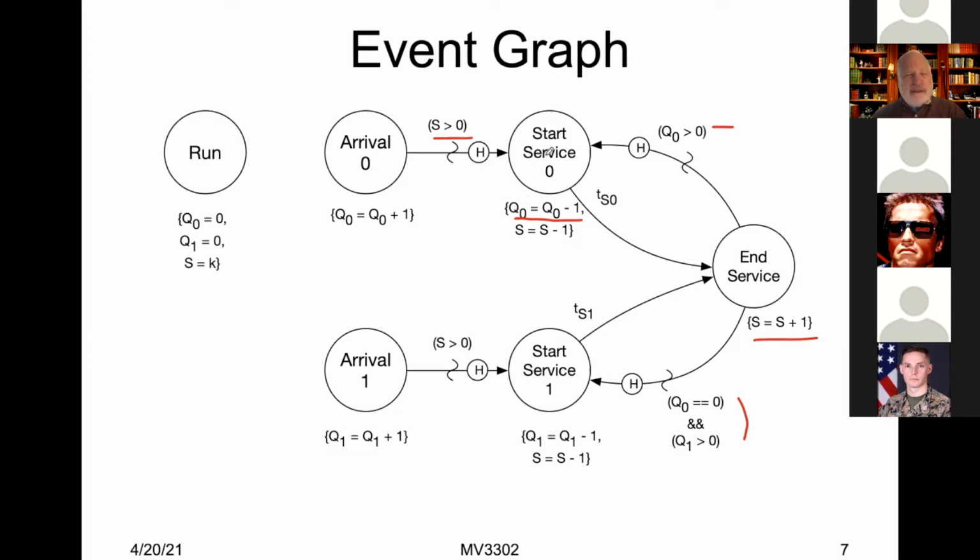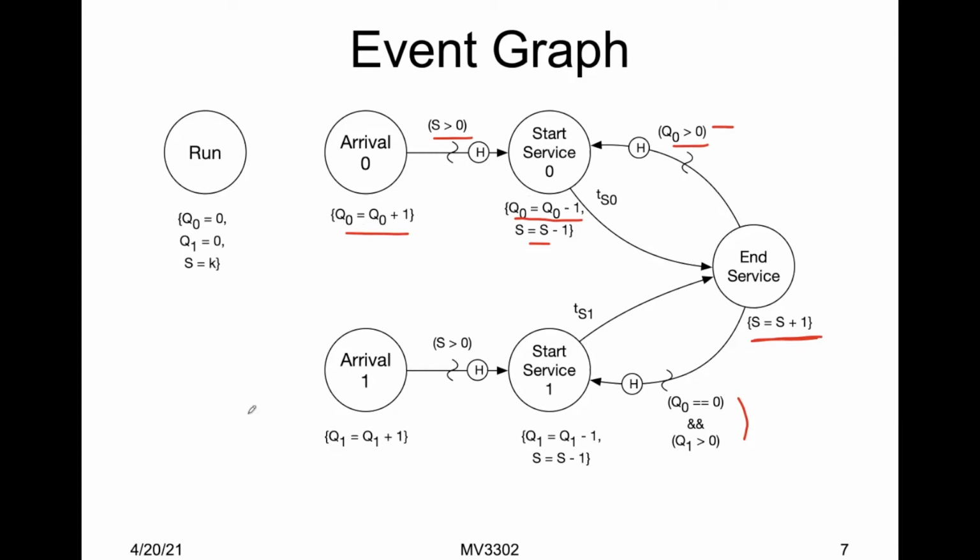So what guarantees that? Well, here, what guarantees it is that Q0 is bigger than 0 because it's been incremented here, and S0 is bigger than 0 because of the condition. And here it's the other way around. S has been incremented, but Q0 has the condition. But you should always be asking that.